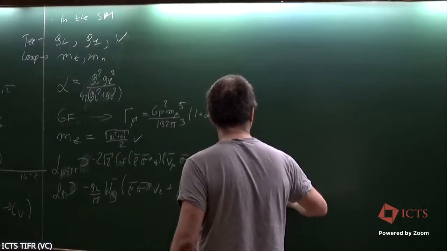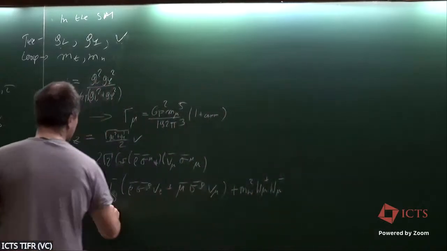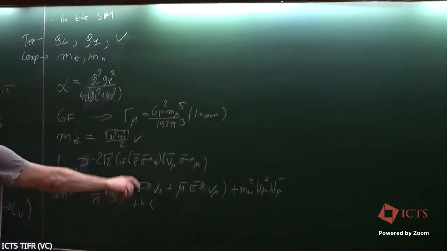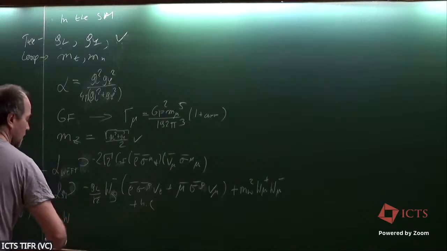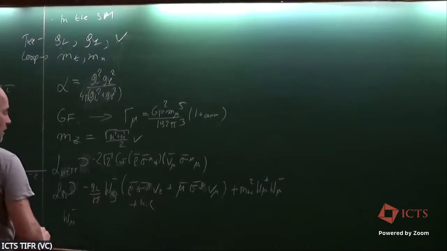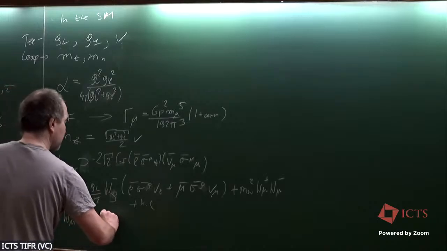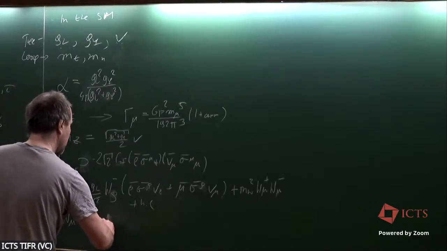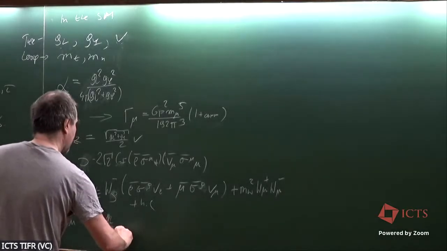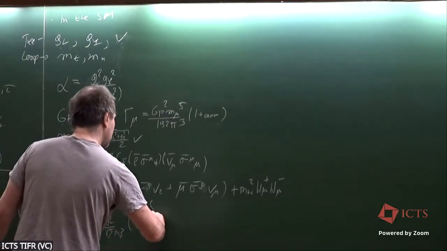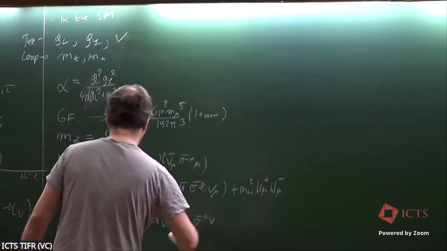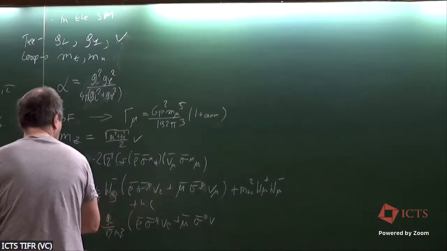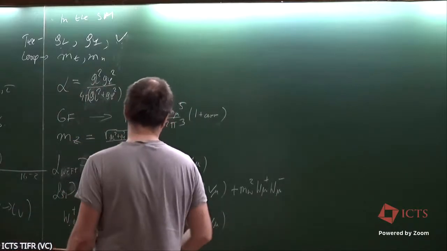Then when you integrate out the W boson, you will find that W mu plus is equal to minus GL over square root of 2 MW squared, times the sum of the lepton currents.